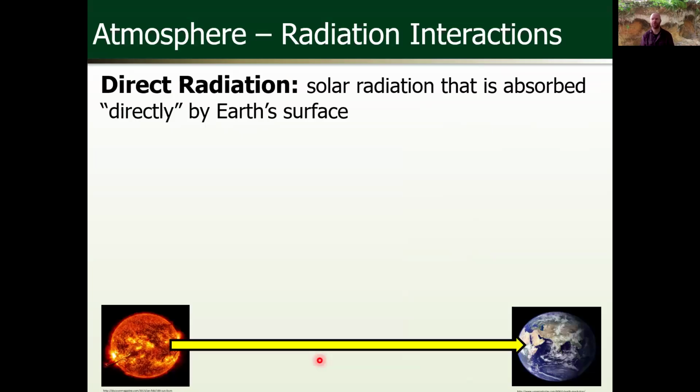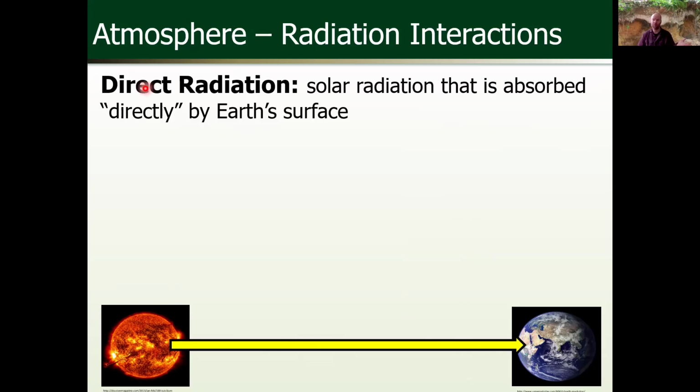So let's compare direct and indirect radiation more directly, sorry. Direct radiation is solar radiation that is absorbed directly by Earth's surface. And so, as this very simple diagram shows, we have the sun, a hot object emitting electromagnetic radiation, and it is dominated by high energy shortwave radiation. And some of that radiation does, in fact, make it all the way through Earth's atmosphere, all the way to the surface.